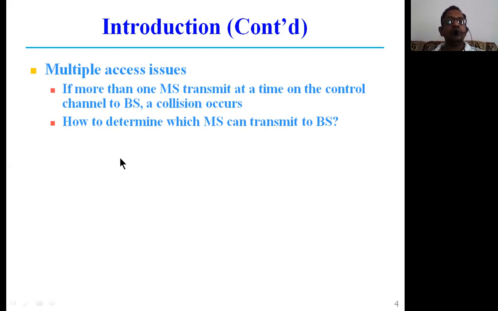The next issue is how to determine which terminal or mobile station can transmit to the base station or the shared resource. We have to determine that in order to avoid this collision. So what is the option we have left over?